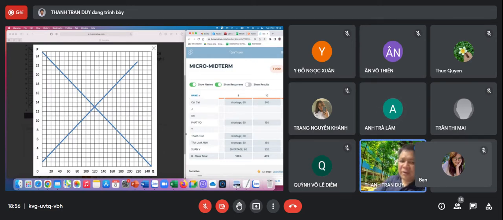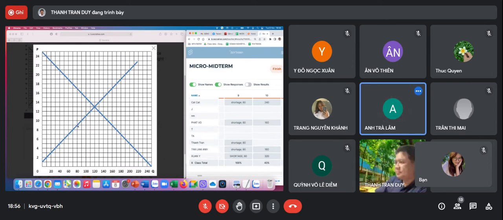How can we have 160? Because the rice buyer price is 17 and the seller price is 9. So this gap will be 17 minus 9, which is 8.